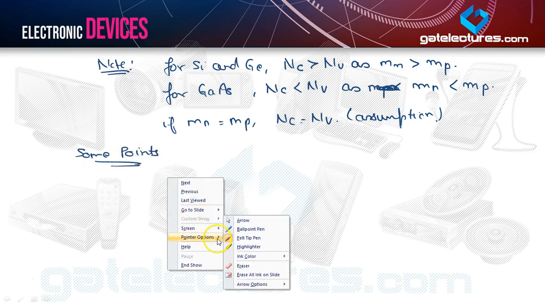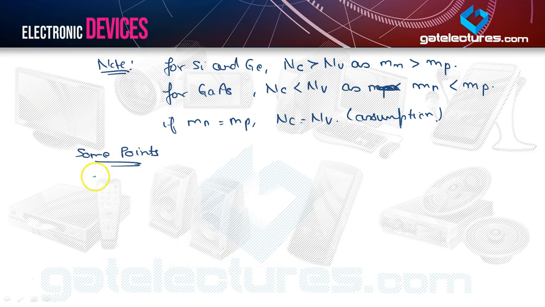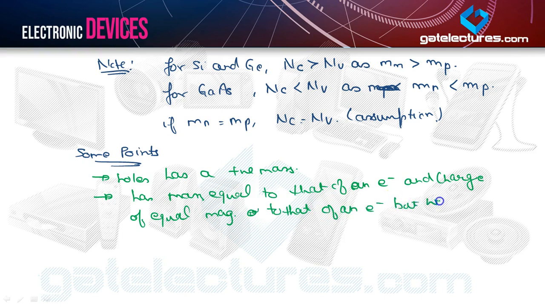Let me mention here that a hole has a positive mass, has mass equal to that of an electron, and charge of equal magnitude to that of an electron, but with opposite sign.